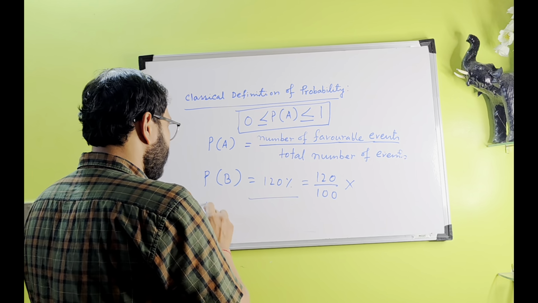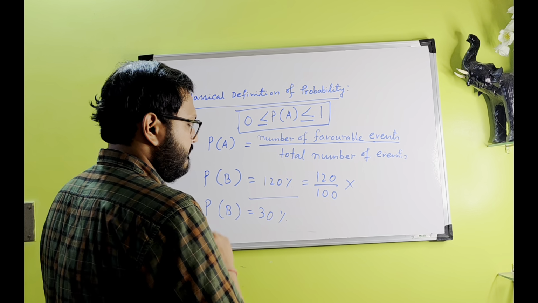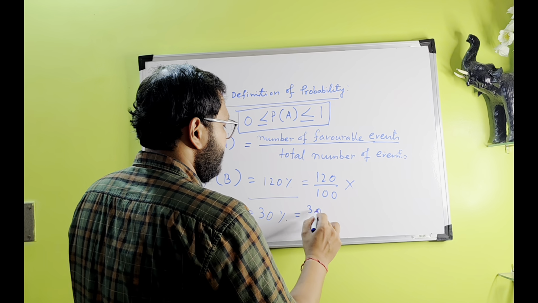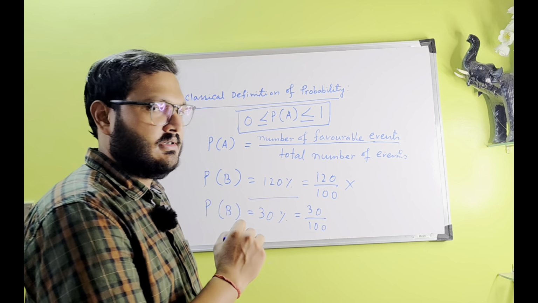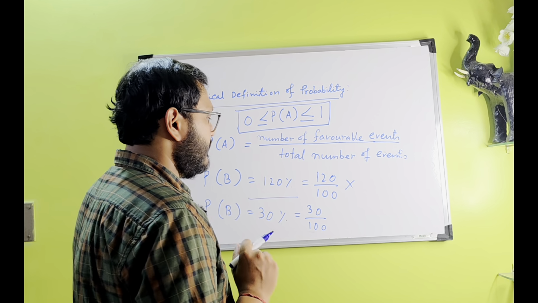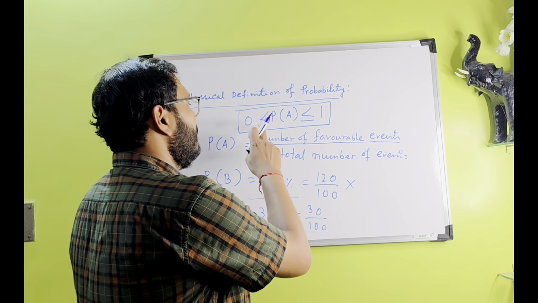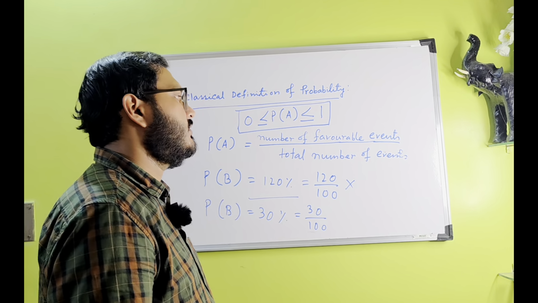But if I give the probability of B as 30%, it can be the probability, 30 by 100. The numerator is less than the denominator. I want you to understand that the probability of an event is always greater than or equal to 0 and less than or equal to 1.